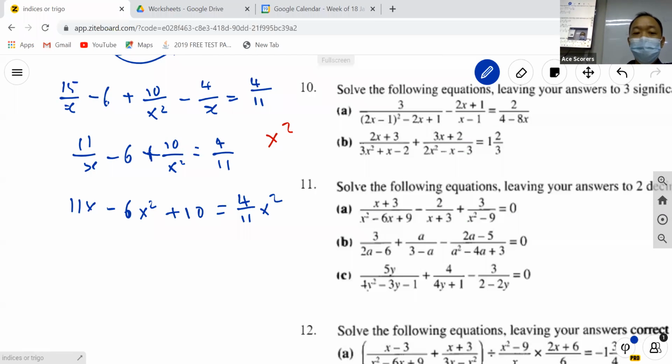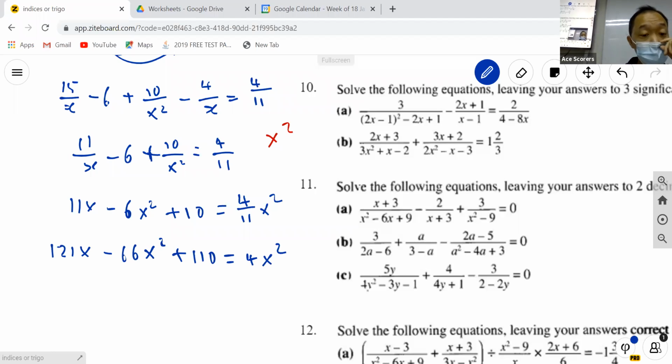Let's say you don't like the denominator 11, you can times everything by 11. So 121x minus 66x squared plus 110 equals 4x squared.